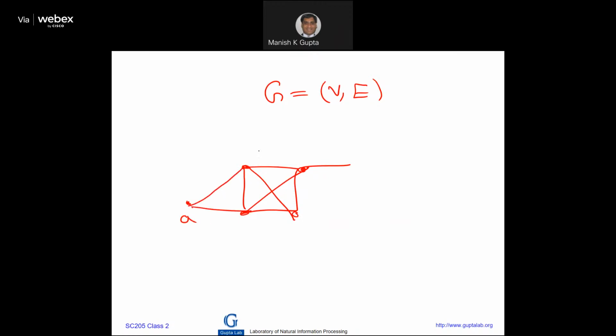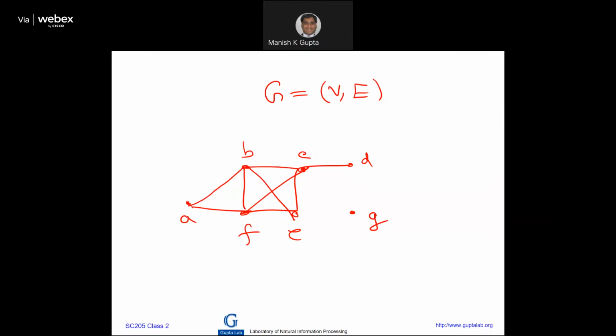A, B, C, D, F, G. This is a graph. How many vertices are there? 1, 2, 3, 4, 5, 6, 7 vertices are there, right?